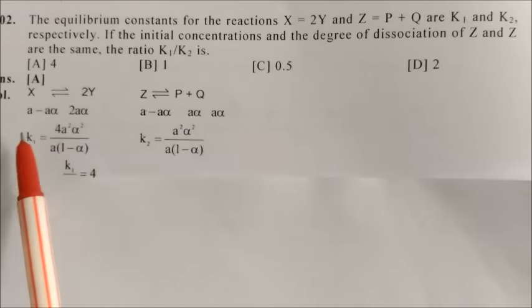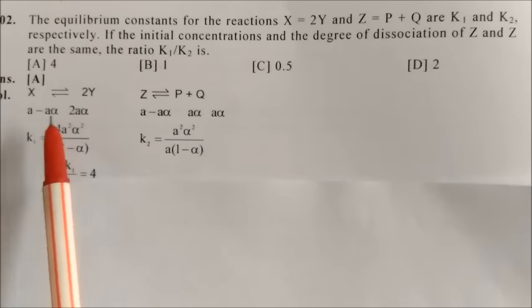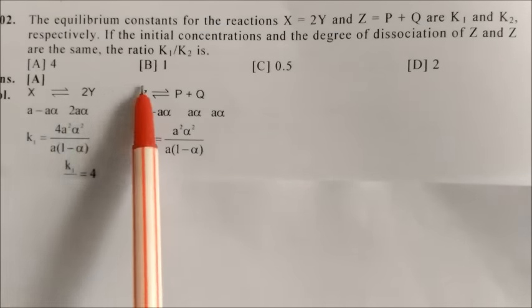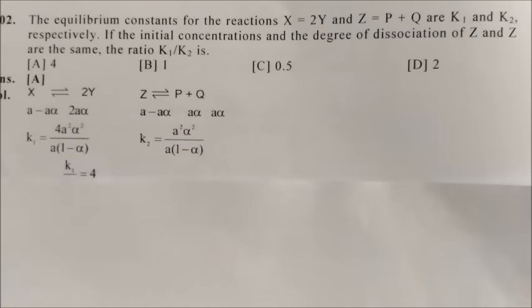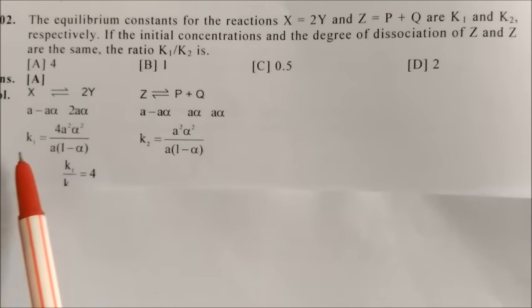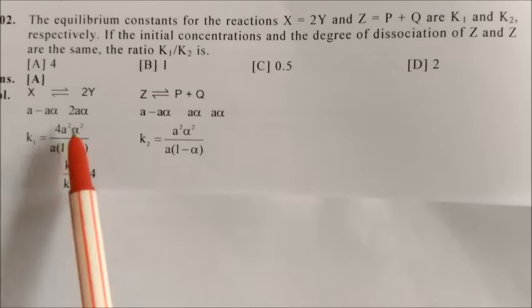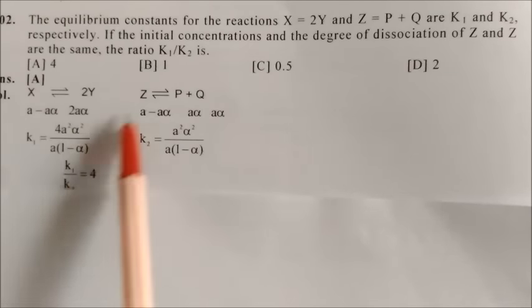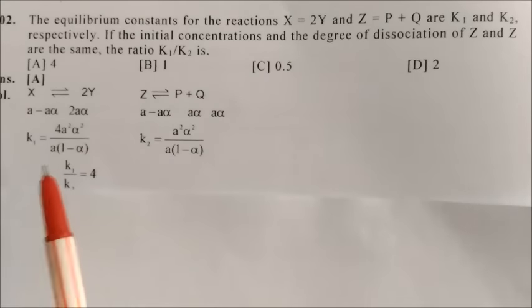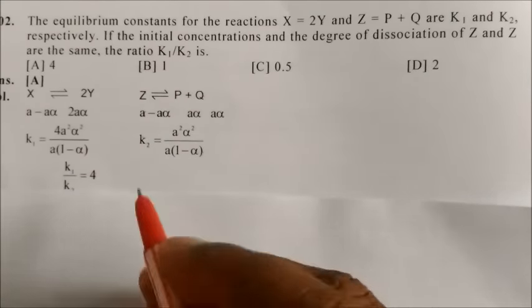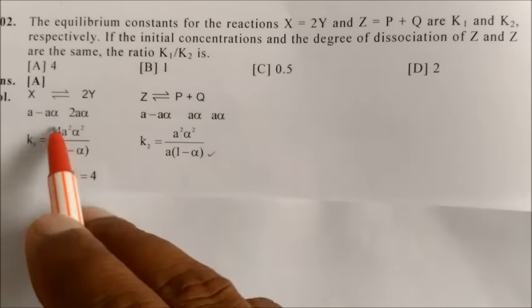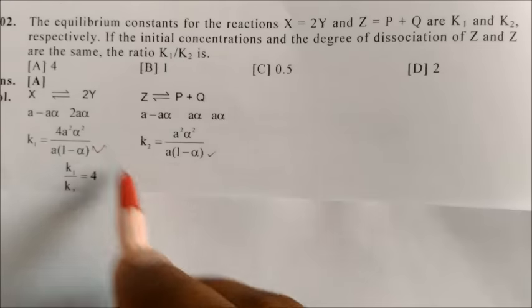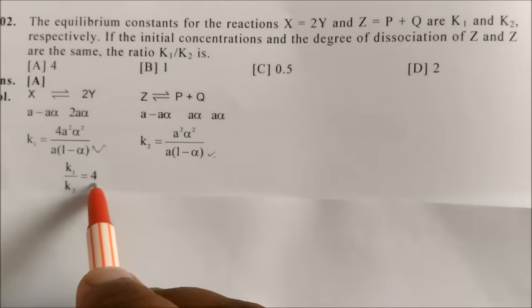This is a minus a alpha and 2a alpha for this one. For this one it is a minus a alpha, and a alpha plus a alpha, since a is the same concentration. So K1 for this reaction will be this value and K2 this value. Since this follows the 5% dissociation approximation, this will be ignored. So K1 by K2 will be this whole value by this whole value. This is ignored, this is ignored. So the ratio will be 4. So our answer is A.